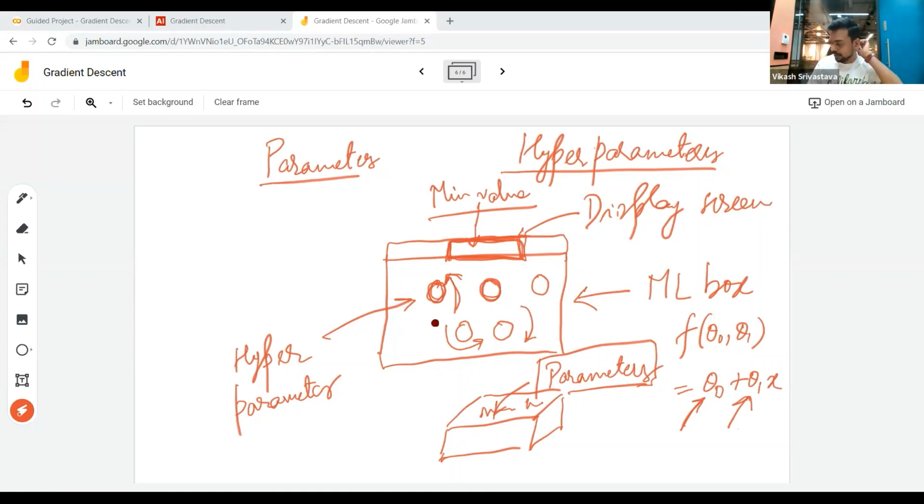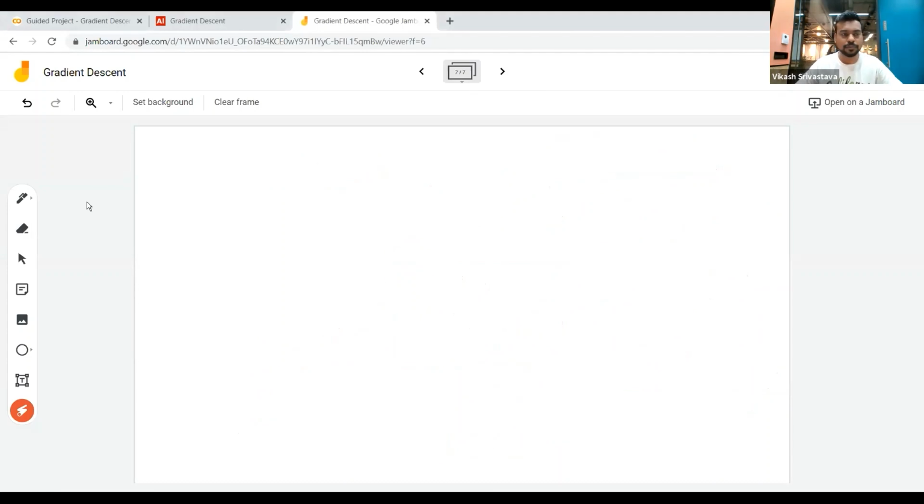Now, how does gradient descent come into this picture? One important concept: when we took the function f(x) = x squared plus 4x, we wanted to find its minimum.